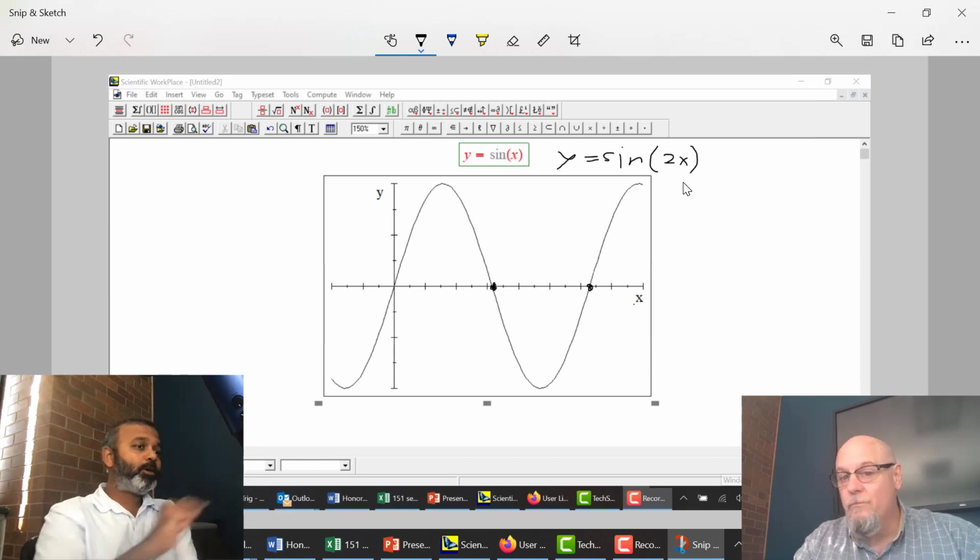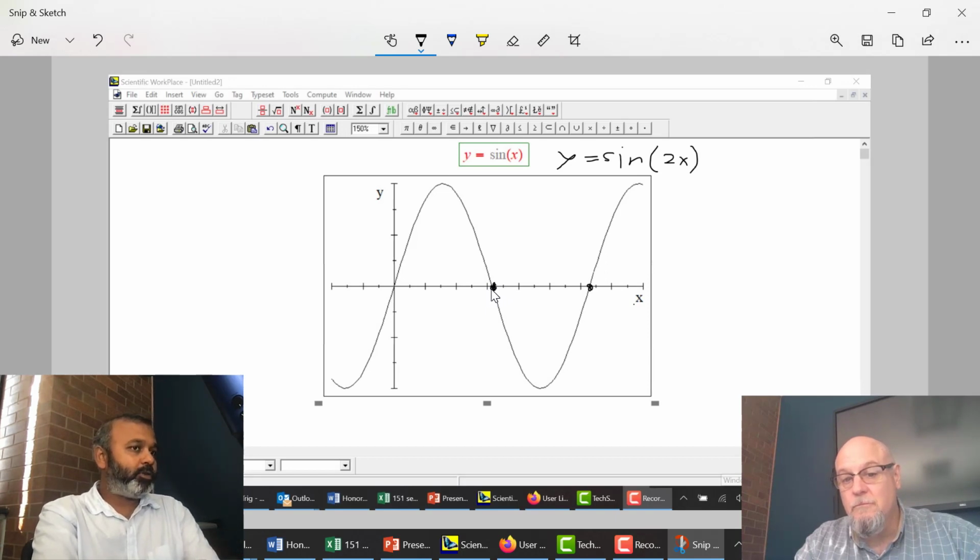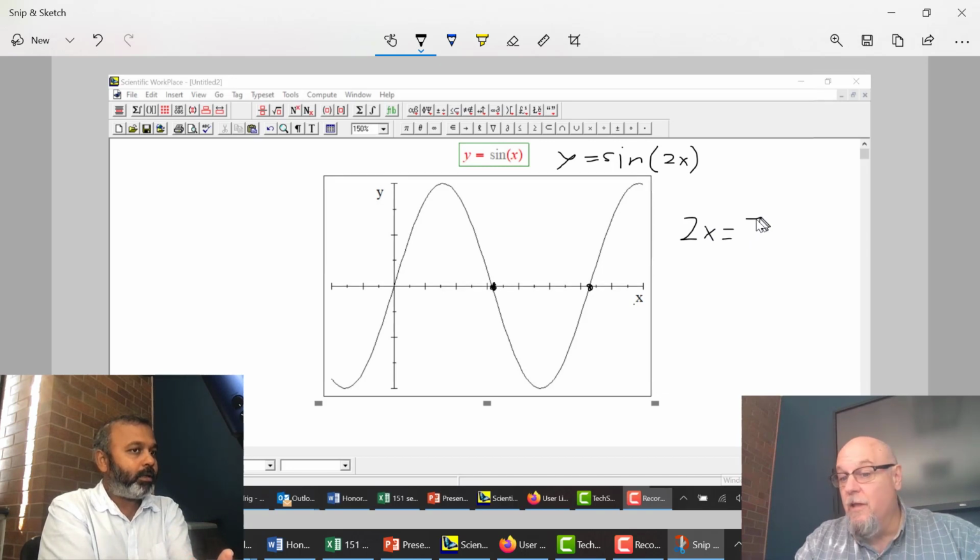So let's focus on that pi. x is equal to pi, right there. If I'm looking at y equals sine 2x and I want that point, I want 2x to be equal to pi, because last time we took the sine of pi and got 0.